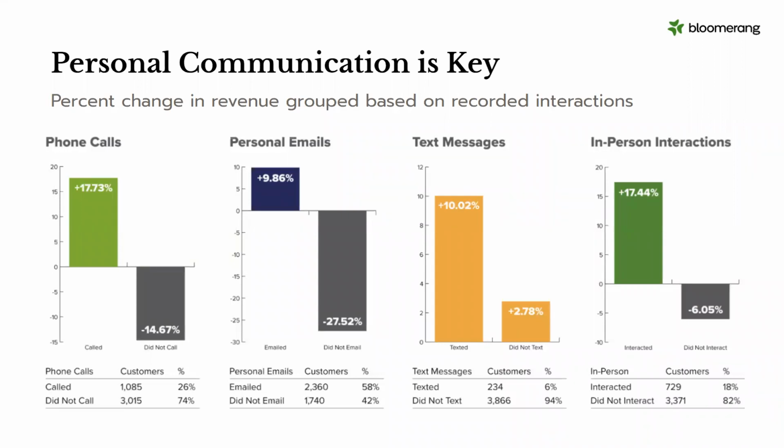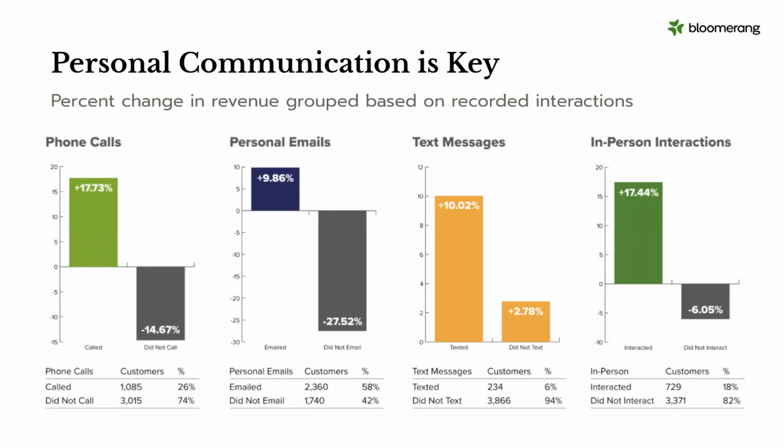For those that made a phone call, they received a 17.73% increase in revenue, versus those that didn't make a phone call, who actually saw a reduction in revenue. You can see here as well, for personal emails, those that sent out personal emails increased their revenue by 9.86%. Those who sent text messages increased it by 10.202%.